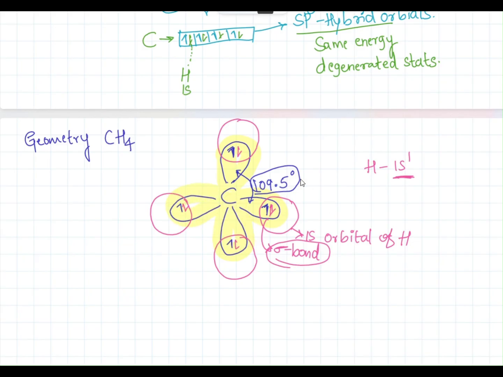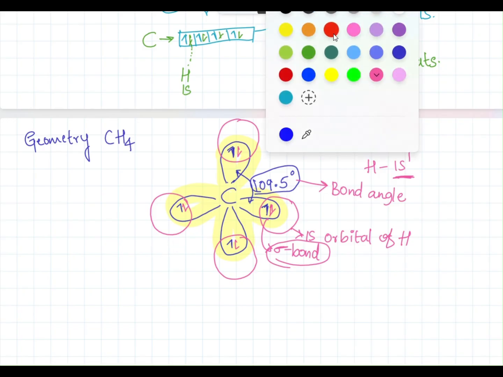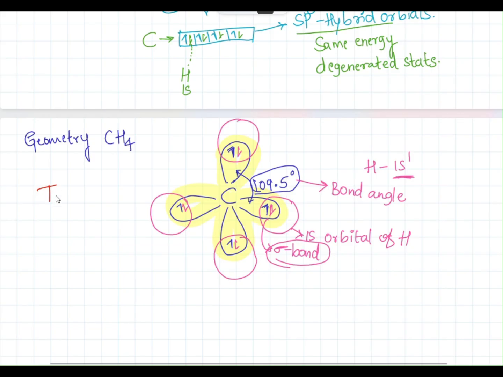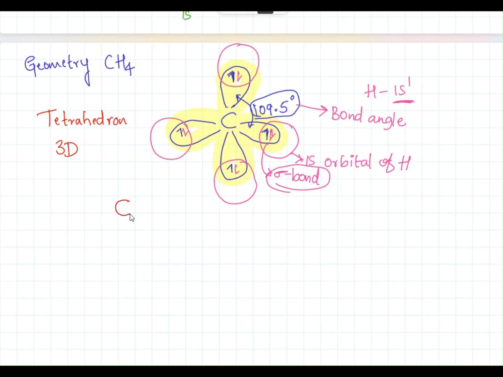The sp3 hybridized orbitals of the carbon atom combine with the 1s orbital of hydrogen to form a methane molecule with a bond angle of 109.5 degrees and a tetrahedral geometry, which is a three-dimensional structure. Hence we can write methane as carbon where two CH bonds are in the plane, one is above the plane and another is below the plane.